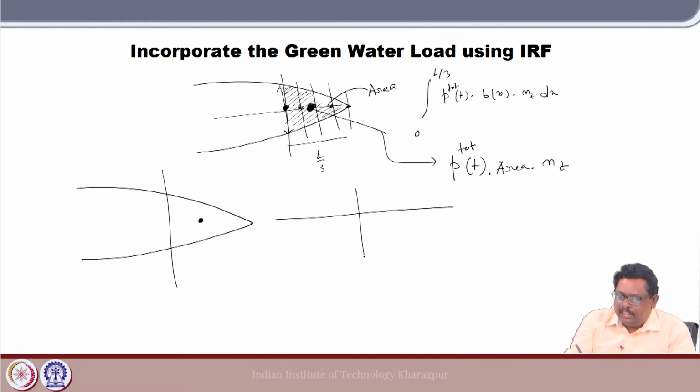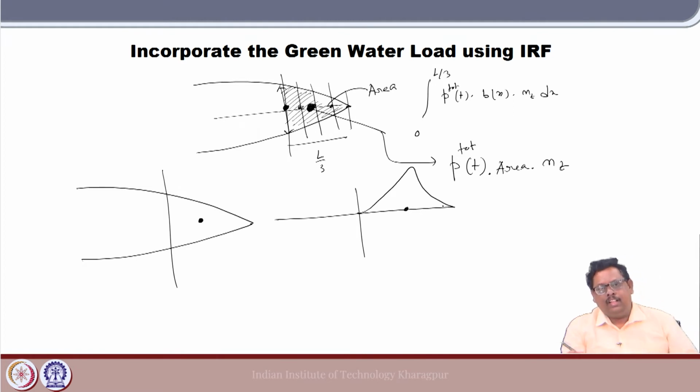So, this is the L by 3, I am picking the middle point of the L by 3 and I can approximate a function which behaves like a polynomial or a kind of impulse function. So, you can call it a hat function.